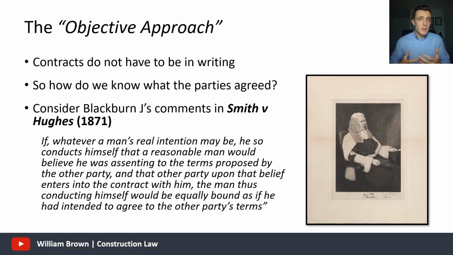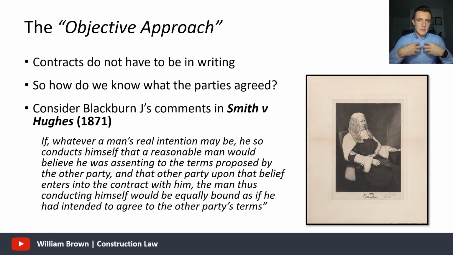So, having talked about why we need contract law as its own distinct area of law to be studied, and the origins of contract law dating back to the early 19th century, the final thing that we're going to cover in a little bit of detail is what we call the objective approach to contracting.